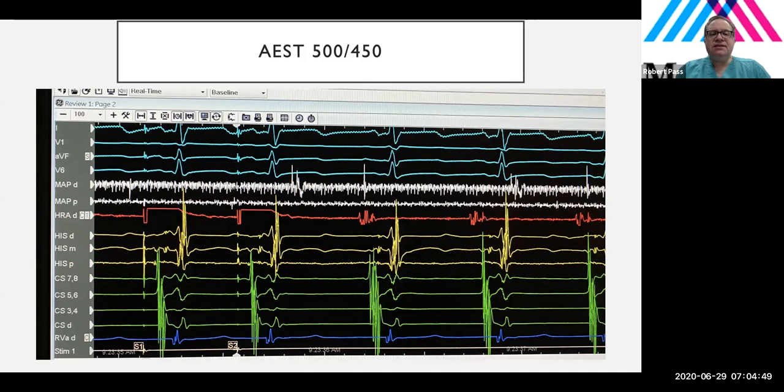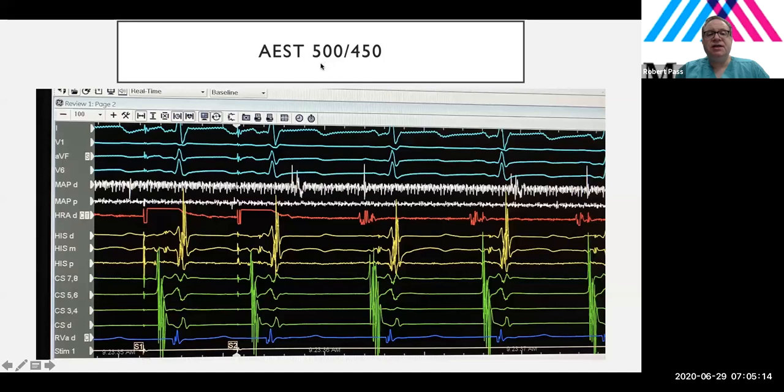So the next thing that I usually will do in these cases is what's called extrastimulus testing. This is a common technique, and excuse me if I'm repeating things for those of you who know what this means, but sometimes it's useful to repeat things, where we pace at a cycle length of 500. And remember that if you want to convert the cycle length to a heart rate, it's 60,000 divided by the cycle length.